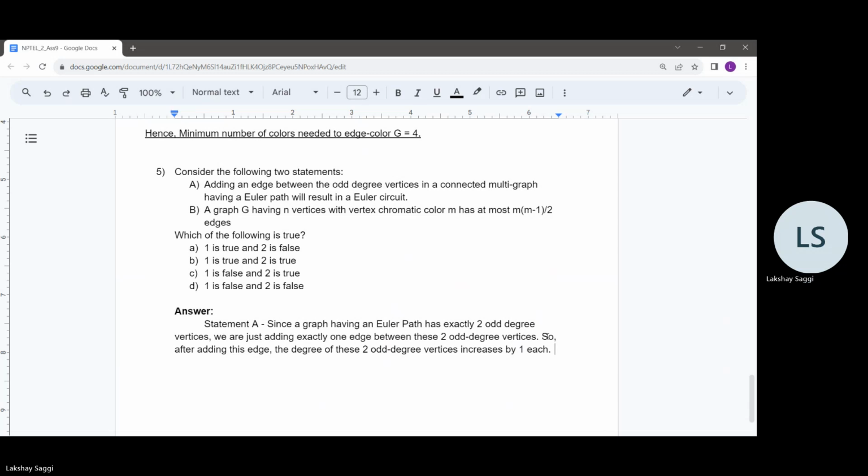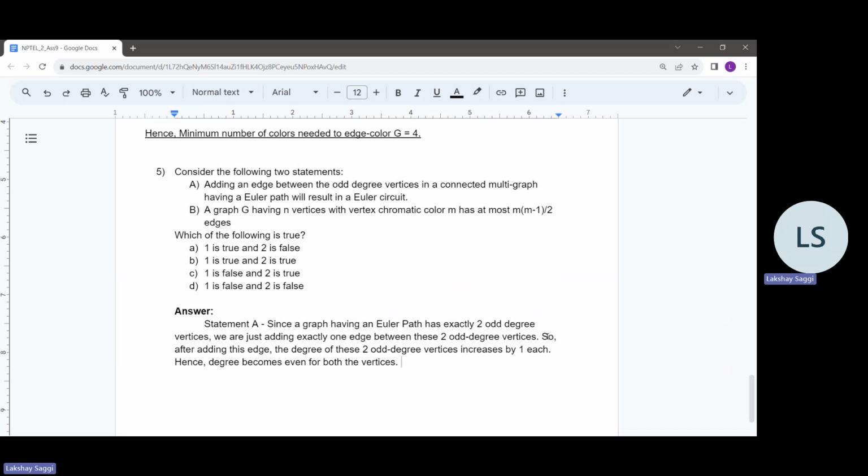Now, after adding this edge, both of these vertices have one more neighbor, right? So their degree increases by 1. If one of the degrees was 3, it becomes 4. Similarly, one of the degrees was 7, it becomes 8, and so on. So earlier the degree was odd and now it increases by 1, so the degree becomes even for both the vertices.